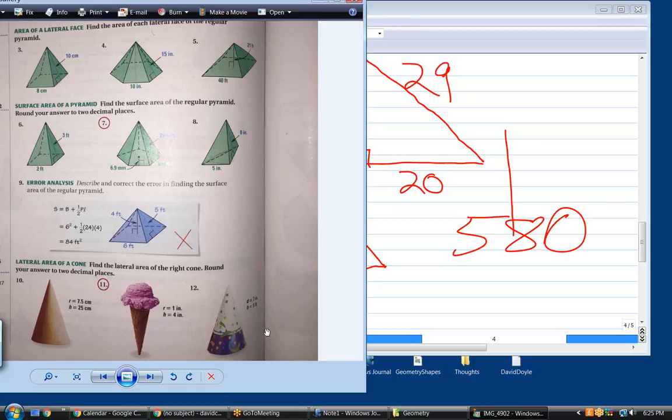Which problem would you like to look at? Let's do 7. It's going to be the hardest one. 7. We should do 7.